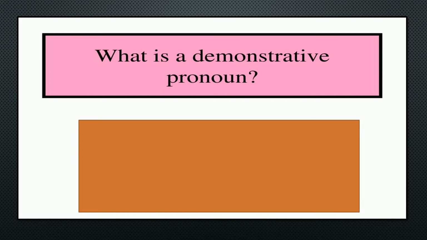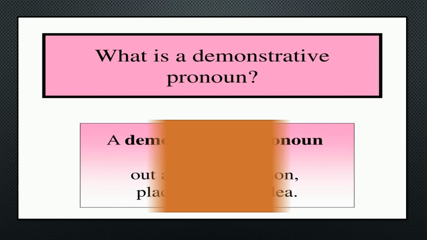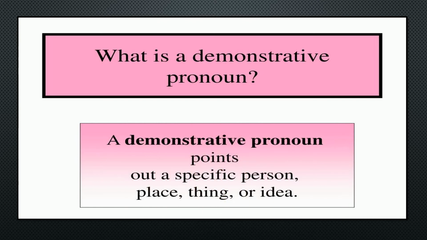What is a demonstrative pronoun? Any ideas? I believe I even explained at the beginning of the lesson. A demonstrative pronoun points out a specific person, place, thing, or an idea. It shows a specific place, specific person, specific thing, or an idea.